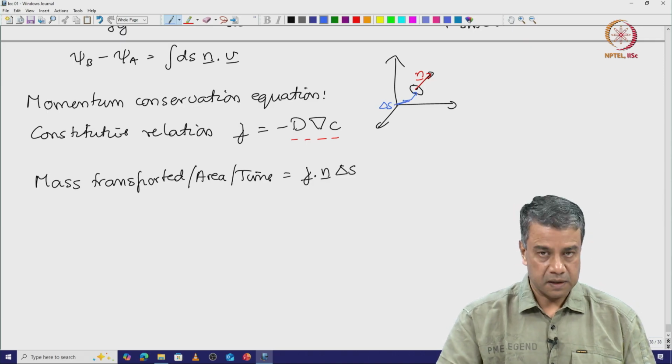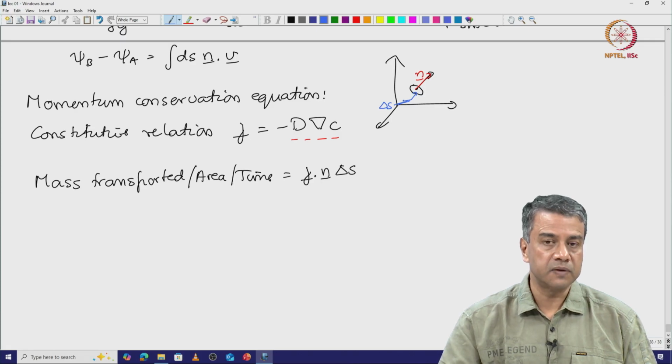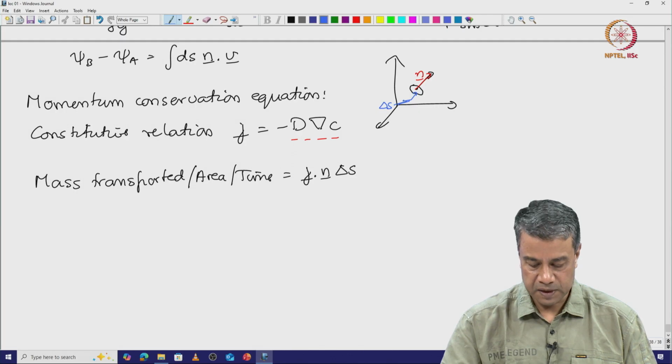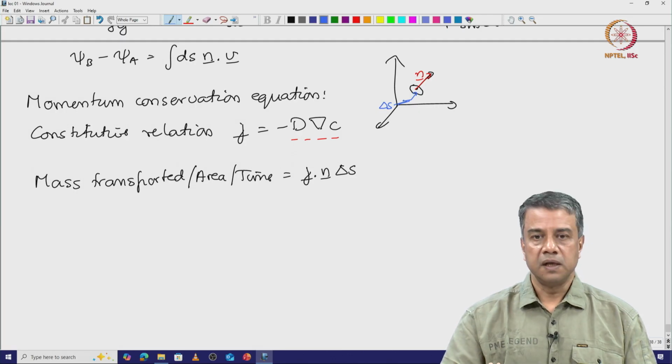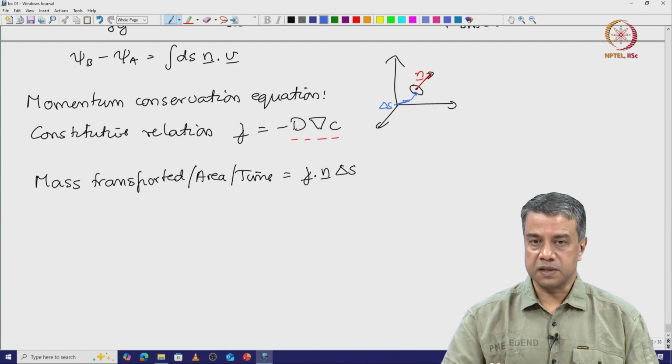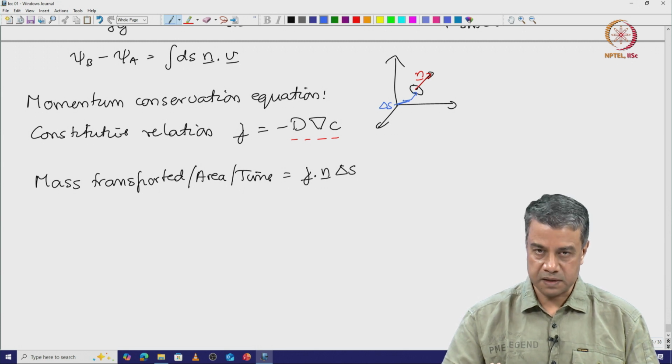So, J dot n, J is the flux per unit area per unit time. It is a vector that is defined uniquely at each point in the flow. J dot n is the component perpendicular to the surface. It is only the component perpendicular to the surface that transports mass across the surface.